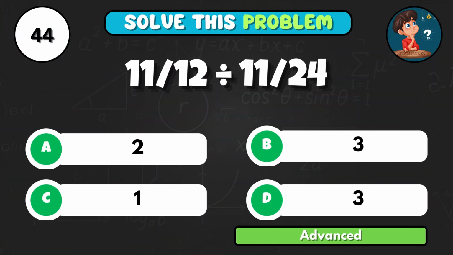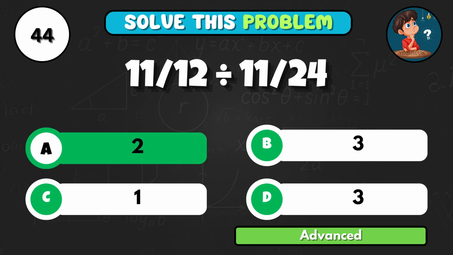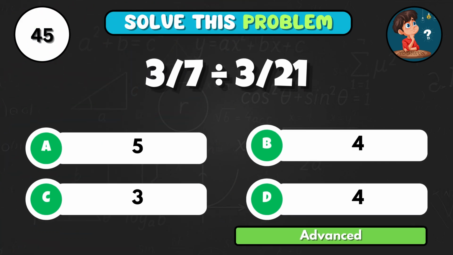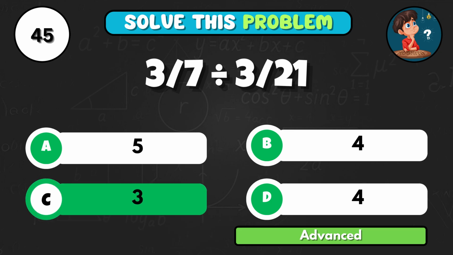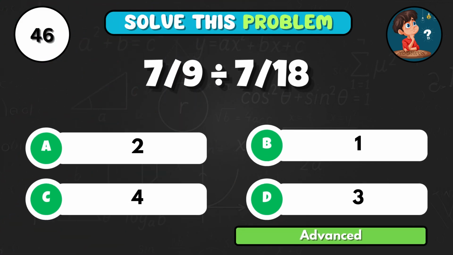11/12 divided by 11/24 equals what? It comes to A, 2. 3/7 divided by 3/21 equals what? That's C, 3. 7/9 divided by 7/18 equals what?